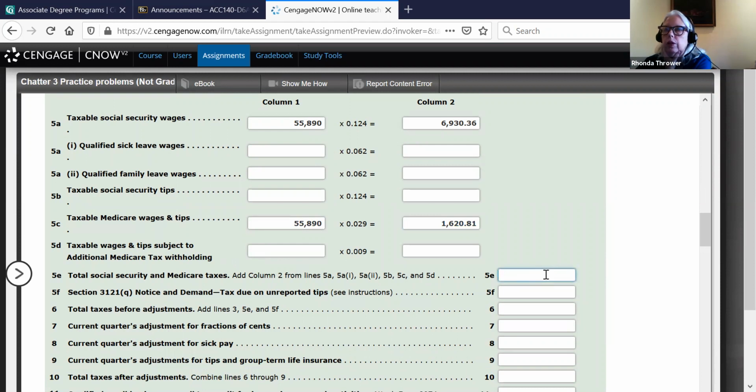So we're going to move to line 5E, where they're wanting us to total our Social Security and Medicare taxes. We're going to add column 2 from lines 5A to 5D. So add these two together.